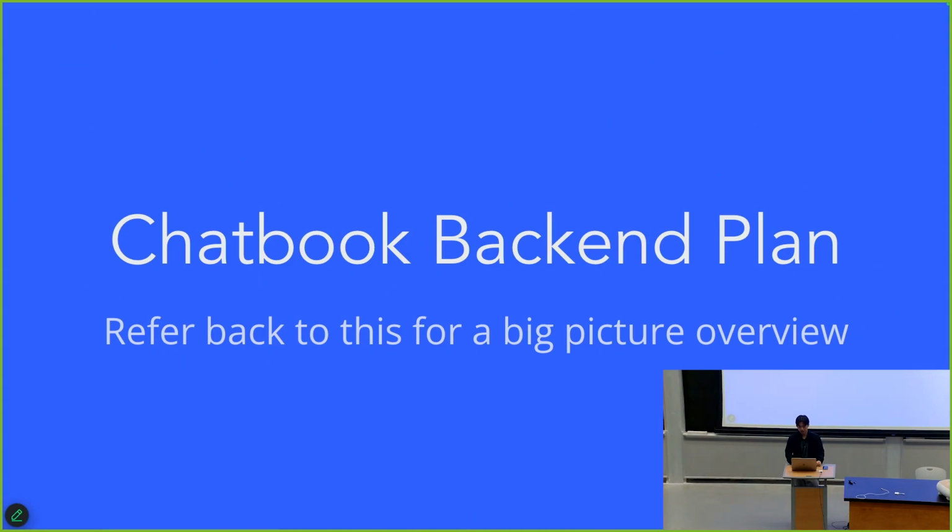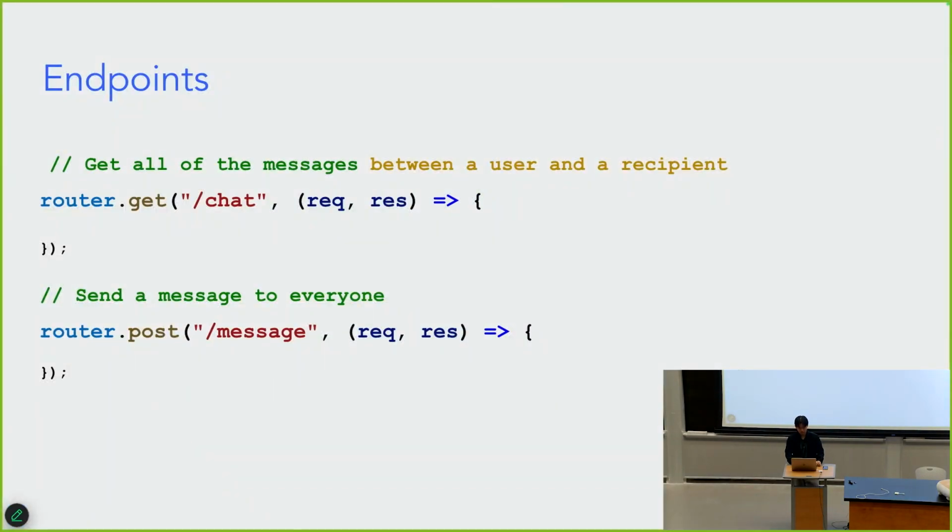And then for the backend, we have two primary routes. One is /chat, which gets the chat between a user and a recipient. Right now, it's just getting the chat for all chat. We're going to change it so that we can get the chats between you, the user, as well as one individual person, so DMs.